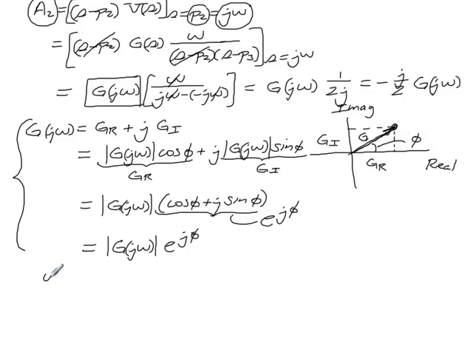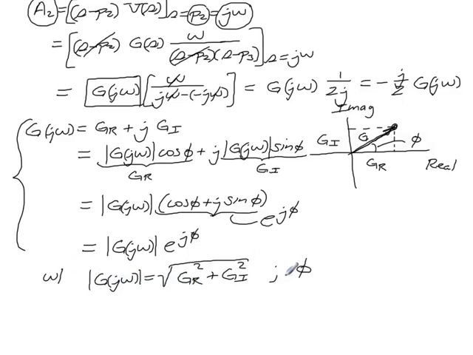And I'll finish this out by saying, if you look at the picture, the magnitude of that complex vector is the square root of the real part squared plus the imaginary part squared.